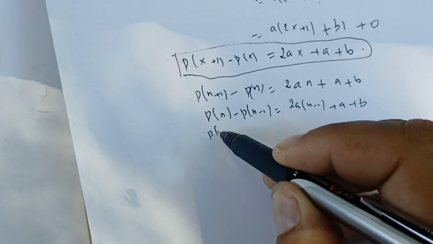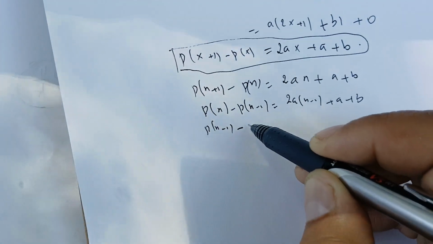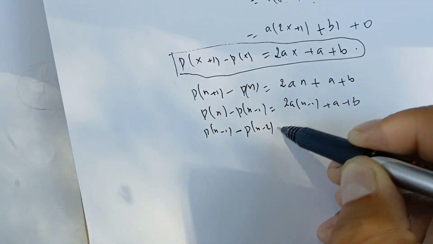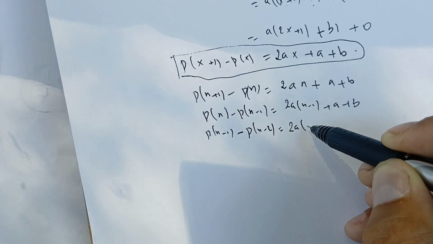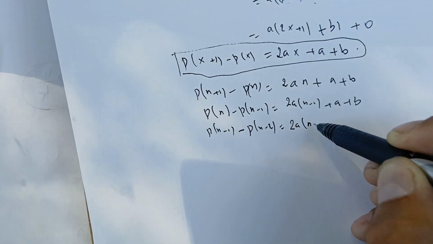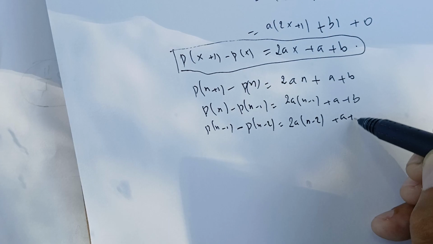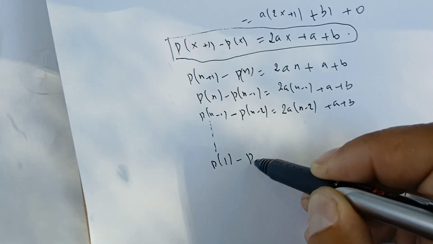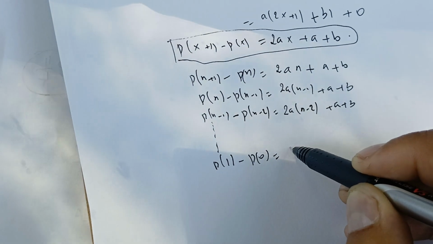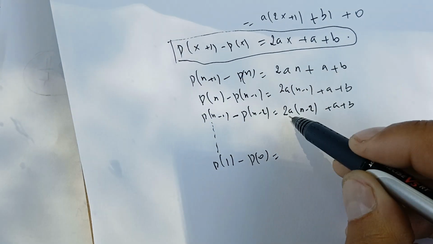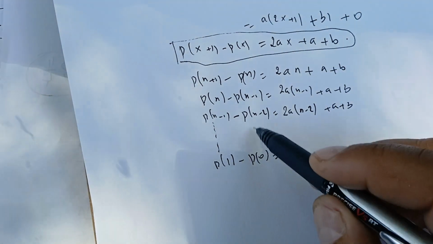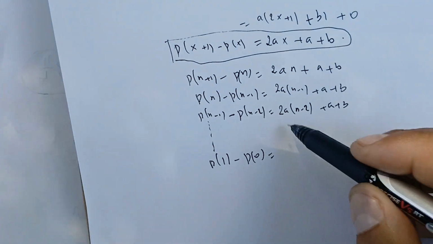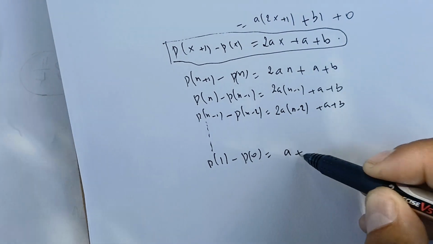And next we're gonna do p of n minus 1 minus p of n minus 2. It's gonna be 2a(n minus 2) plus a plus b. We keep going until p of 1 minus p of 0. In this case we're gonna get a plus b.